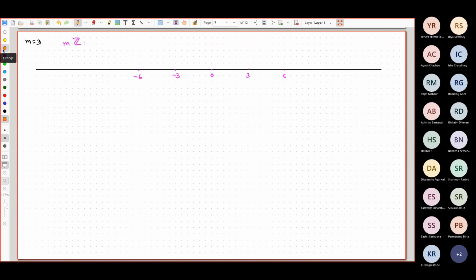Now as soon as we look at this subgroup, what we should immediately notice is that everything in pink is the set of elements which are 0 mod 3. Let us also look at the elements which are 1 mod 3. So this is 1, 4, 7, minus 2, minus 5, and so on.